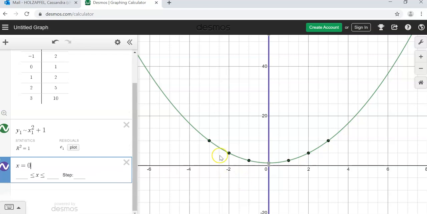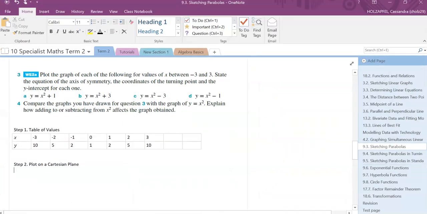This is the point where it crosses the y-axis, or the same as the value when x is equal to 0. So when x is equal to 0, y is equal to 1. Therefore, the coordinates of the turning point in this particular instance are also the same as the coordinates of the y-intercept. And that's because we haven't had any horizontal translation. We've only had vertical translation, so vertical movement up and down.